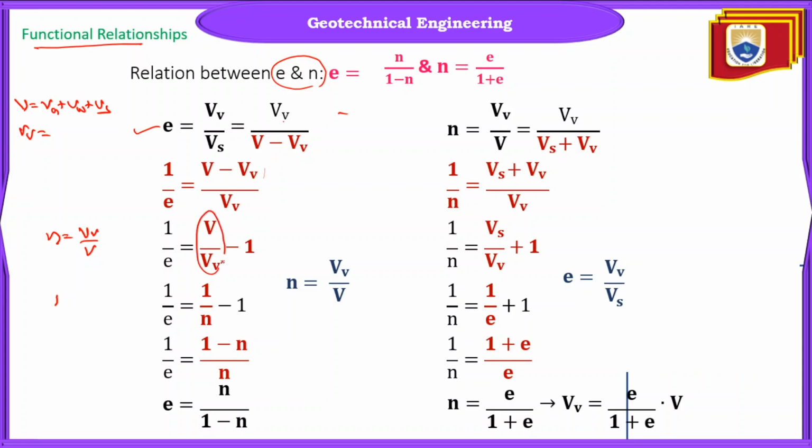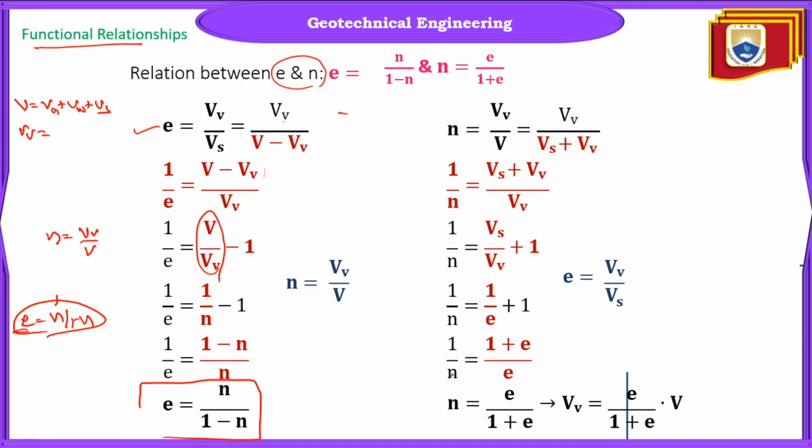So this is porosity, and here I can consider the inverse of porosity, 1 by n minus 1. From this, finally we get e is equal to n by 1 minus n. This is the relationship we obtained between the void ratio and porosity in terms of e.